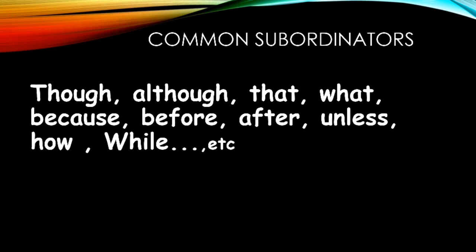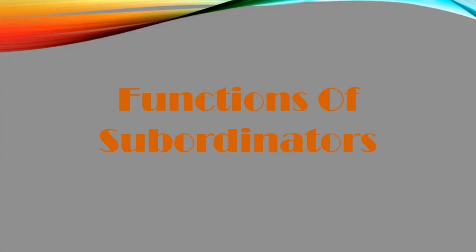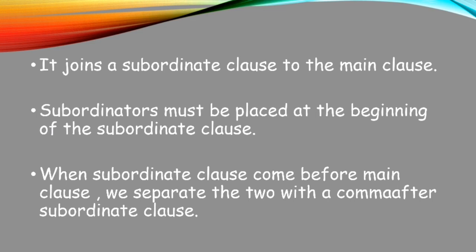Now let's see some examples, okay, students. So where is the subordinator? Because it is introduced, starting में use हुआ है ना subordinate clause के where, that's why where is a subordinator here, or you can say subordinating conjunction. Students, now let's see some of the functions of subordinators or subordinating conjunctions, right? First one, it joins a subordinate clause to the main clause, obviously, like where joined, right?